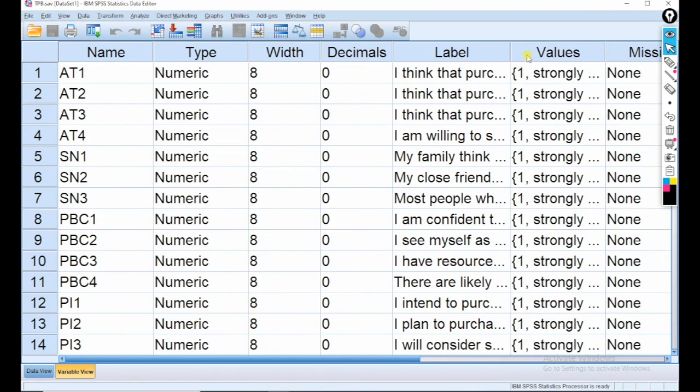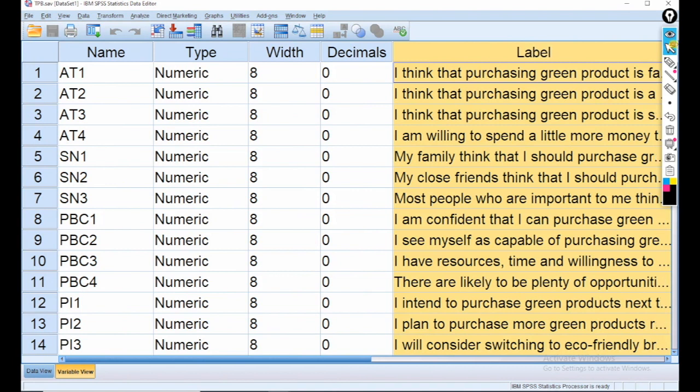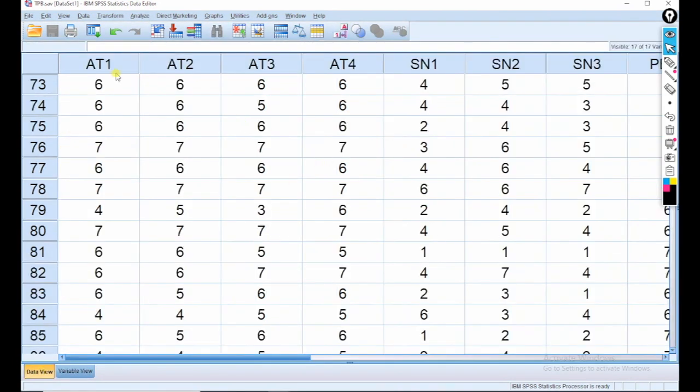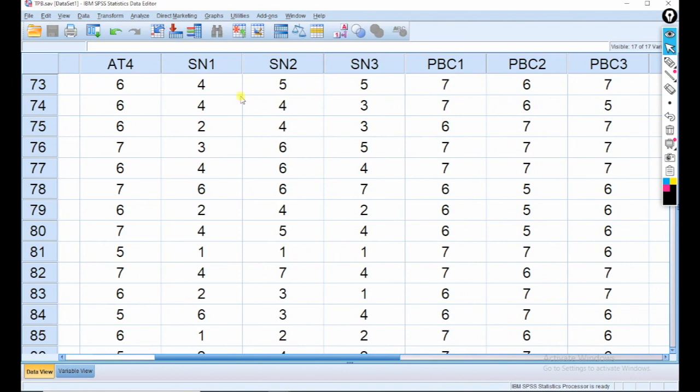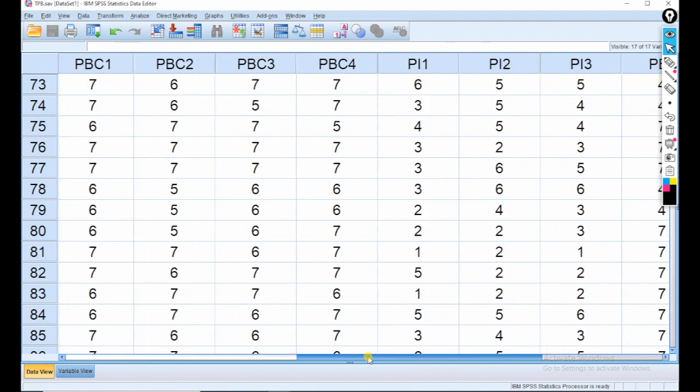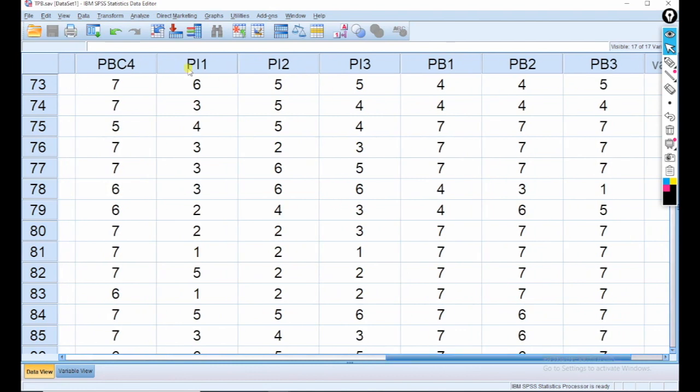These are the questions. You can see 4 questions of attitude, 3 questions of subjective norms, 4 questions of perceived behavioral control, 3 questions of purchase intention, and 3 questions of purchase behavior.